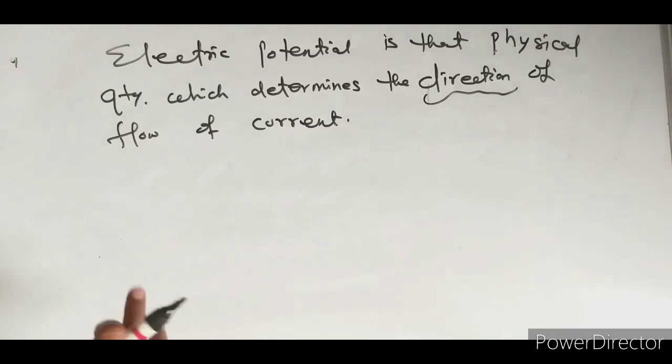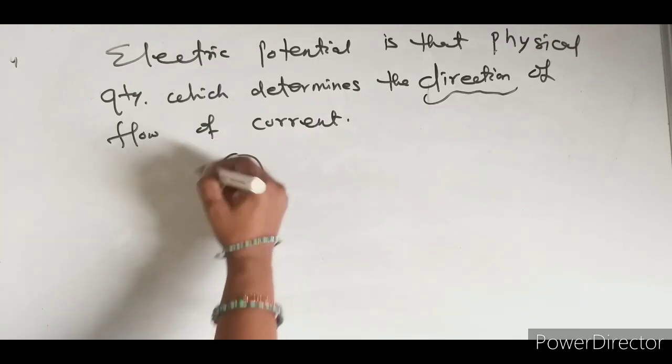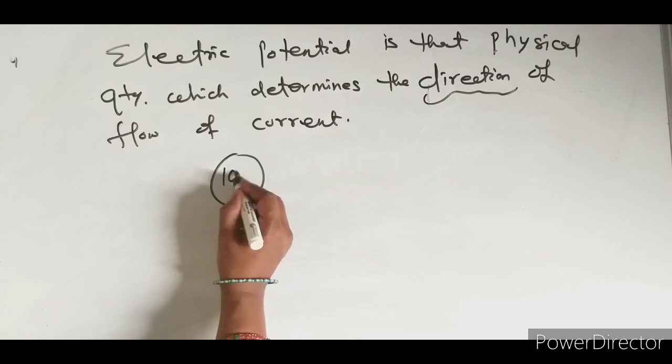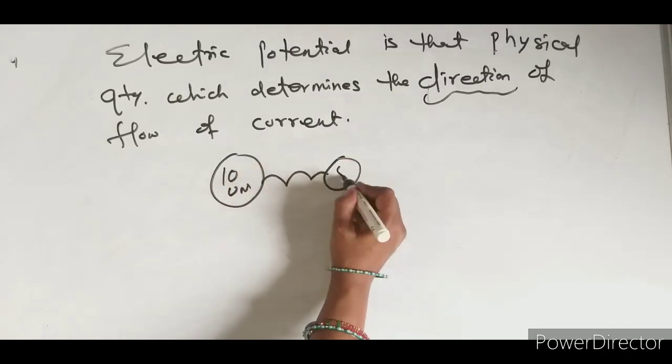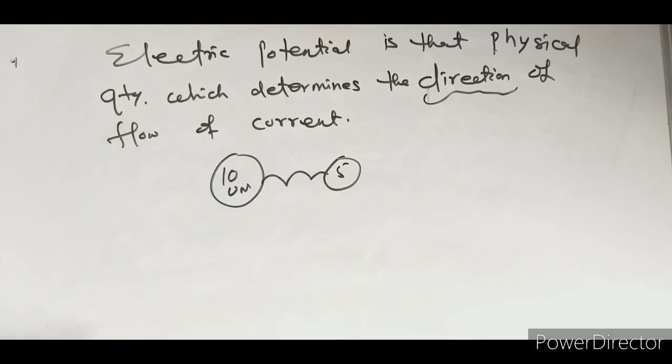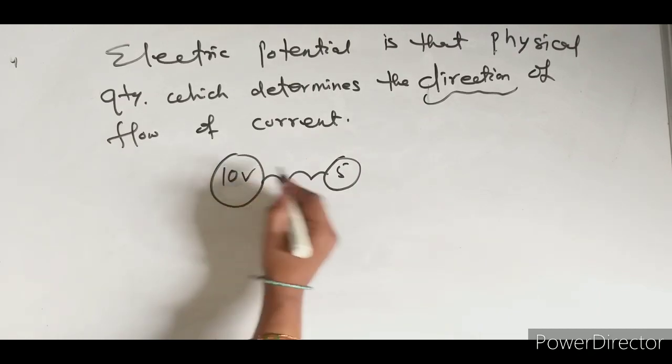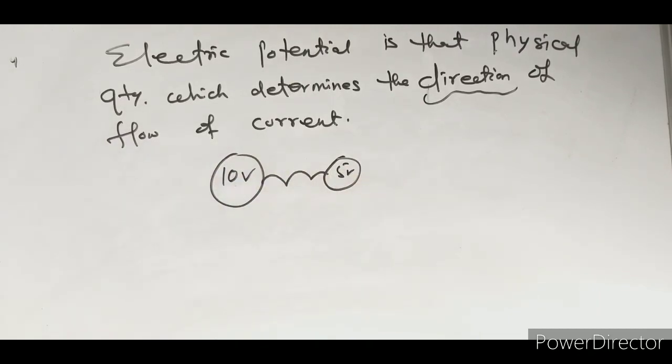We know that one. But if we are connecting two points, let one have 10 volt and another 5 volt, which will be the direction of flow of current?